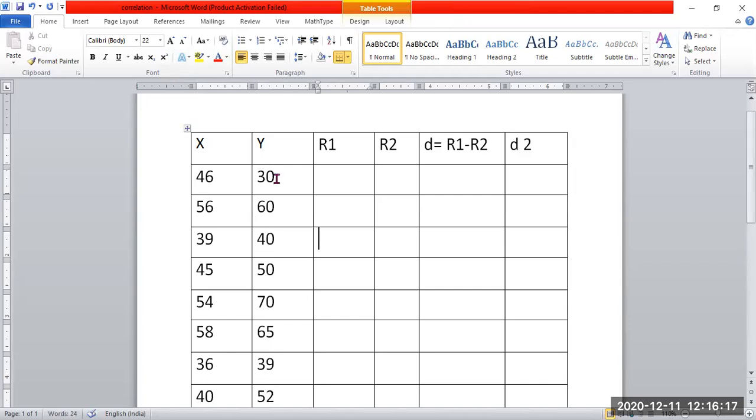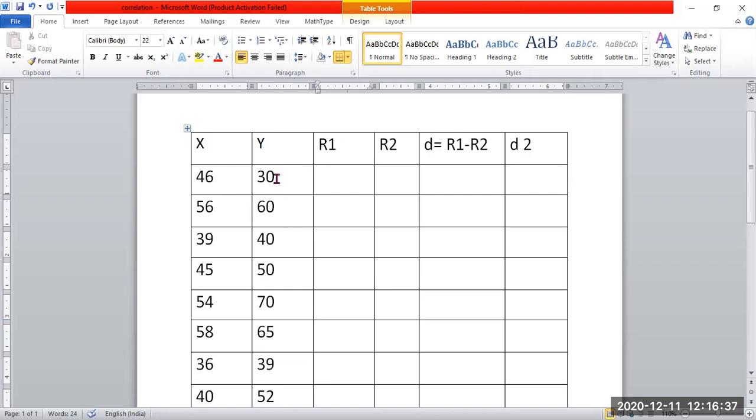Write down the formula first. Rho is equal to 1 minus 6 summation d square divided by n cube minus n. Can you check what is n here? N is equal to 8.